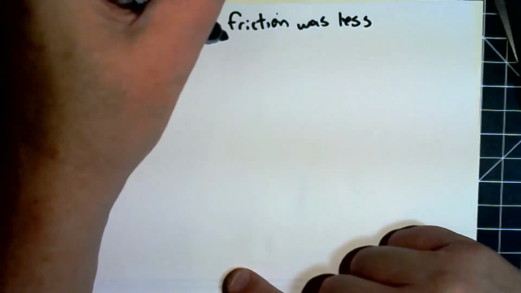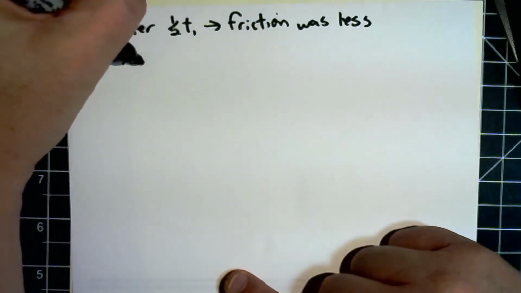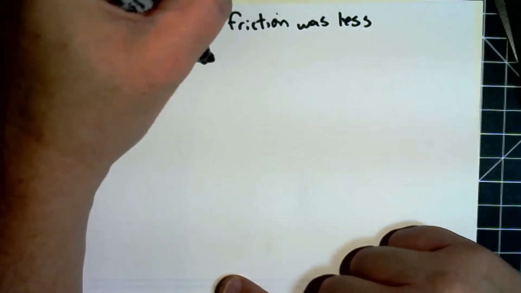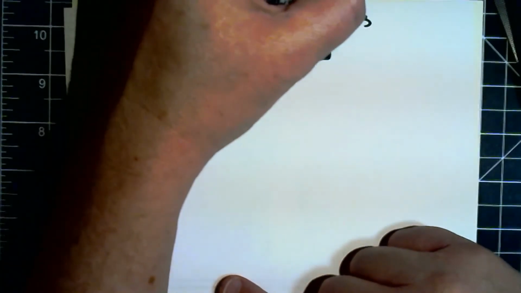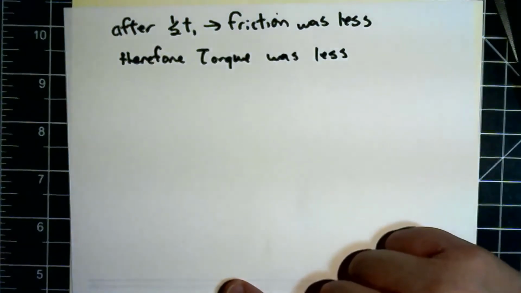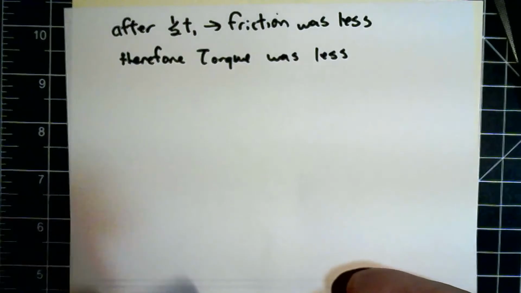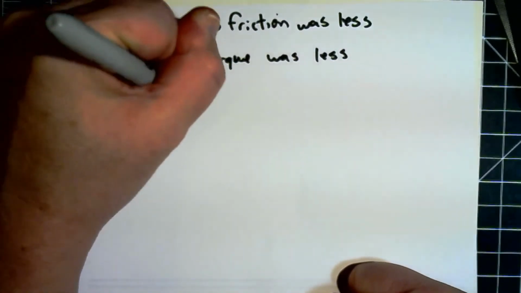And then, because the friction was less, we know, therefore, torque was less. So what we need to do is see these two equations and see if time goes on, does the torque get less? Does tau decrease with time?